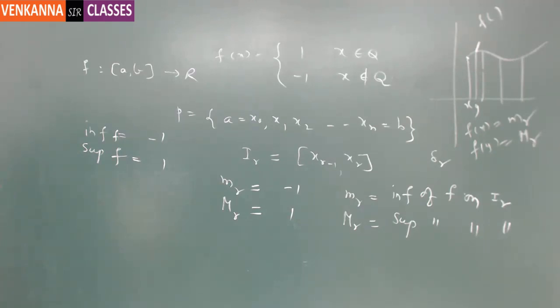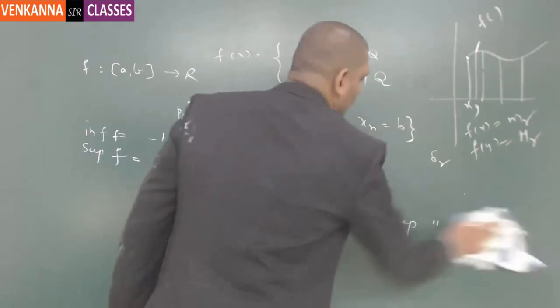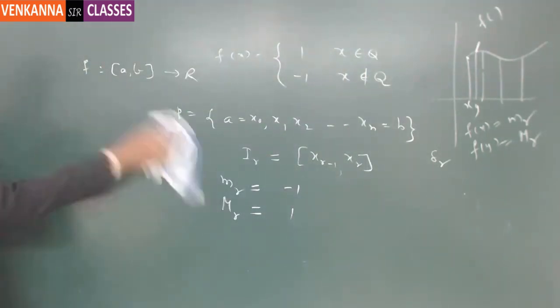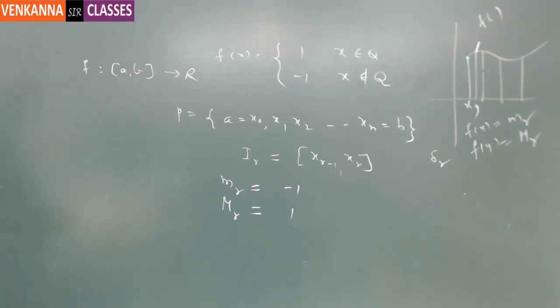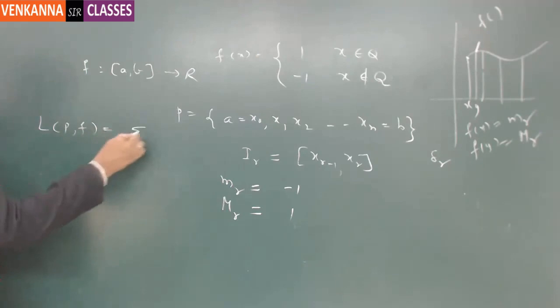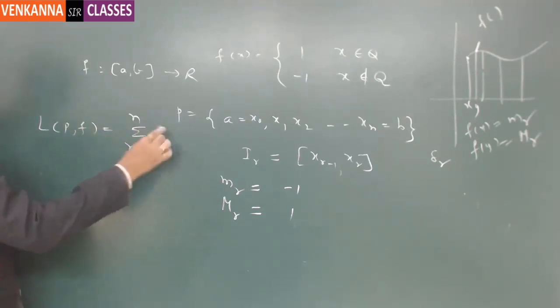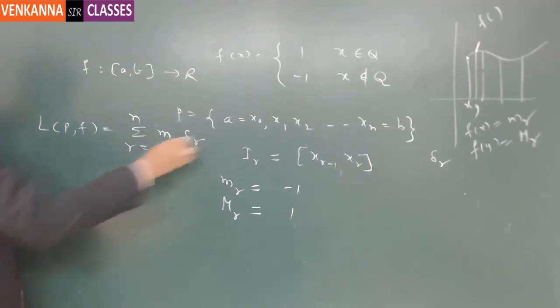In other words, we are calculating function values on the subinterval. Fine. So let us calculate the lower sum as well as the upper sum here. If you consider L(P, f), it is the summation r equal to 1 to n of mr delta r.